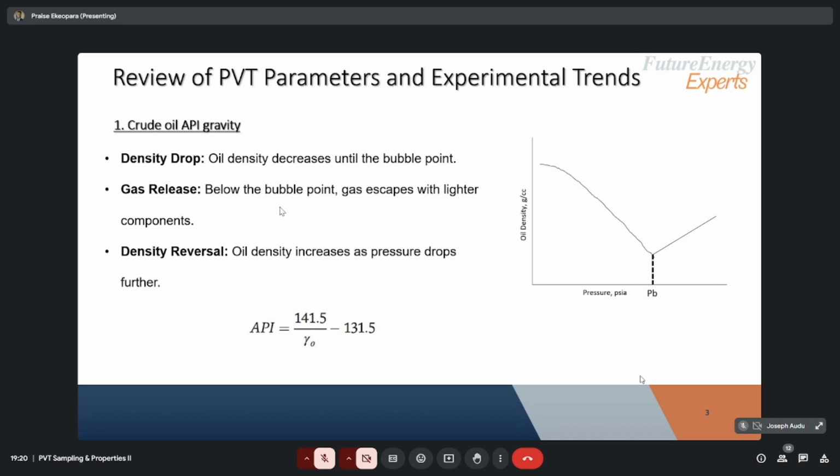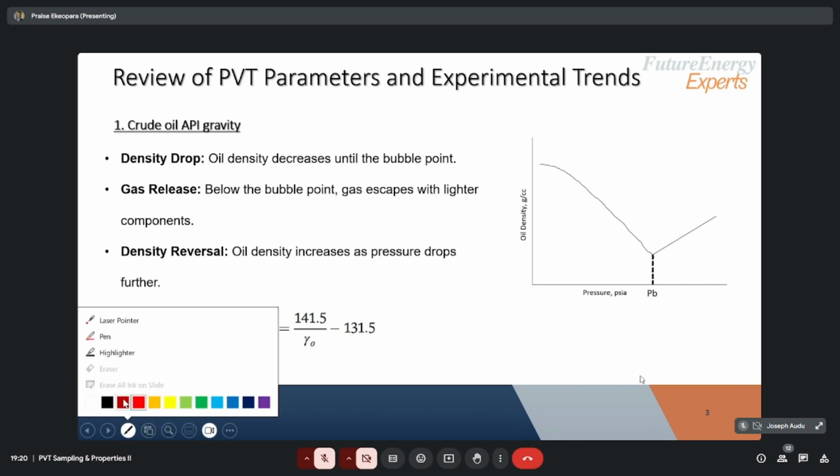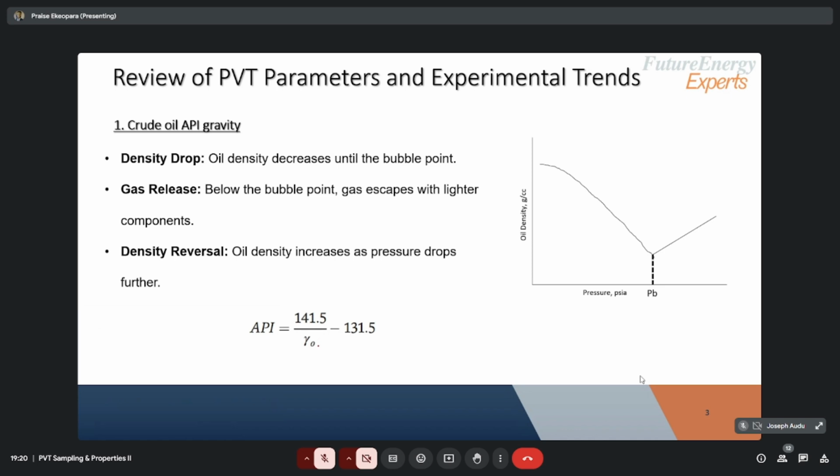Looking at this equation, let me get my pen. This one you are seeing here is your specific gravity, and it is the density of your oil to that of water. Once you insert it here, you have your API.